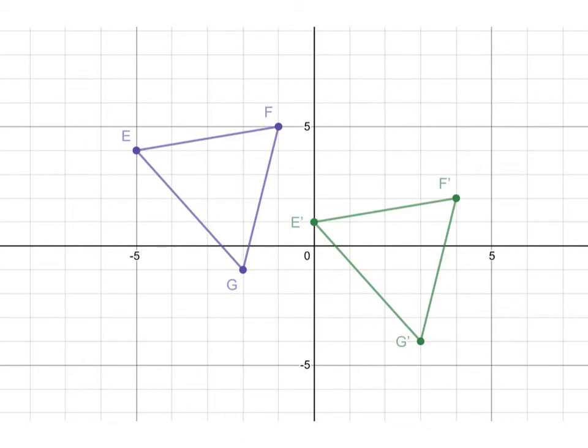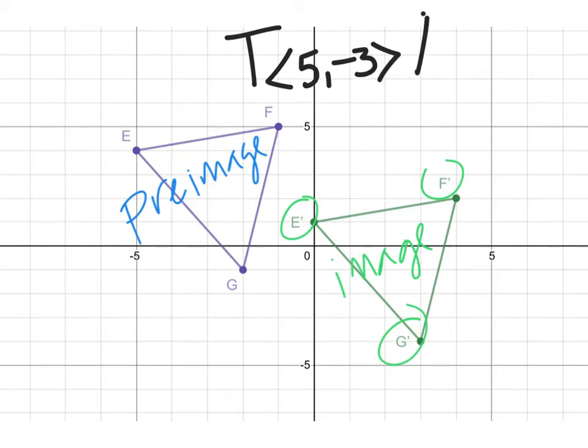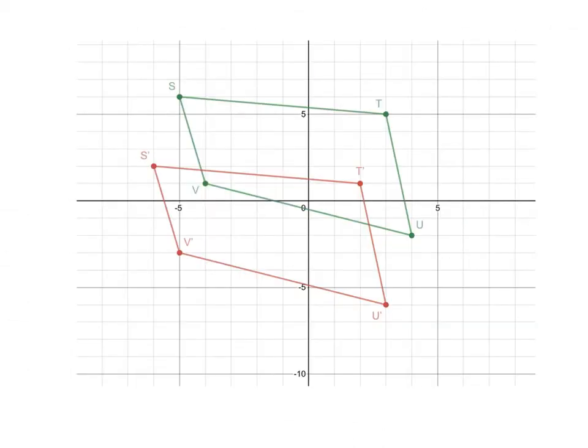So remember, this guy over here is the pre-image. It's what happens before. And then my primes, that's my image. Okay, so this again was a translation of 5, -3 of triangle EFG.